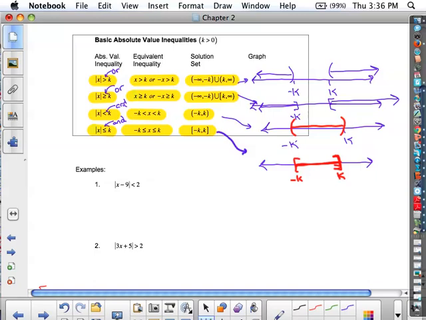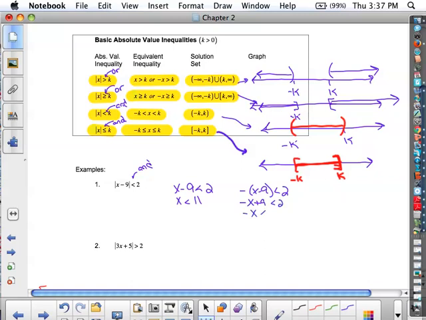So let's look at these examples. The absolute value of x minus 9 is less than 2. So this you can think of as an and. You're going to have x minus 9 is less than 2, and then negative x minus 9 is less than 2. So x is less than 11, and minus x plus 9 is less than 2.